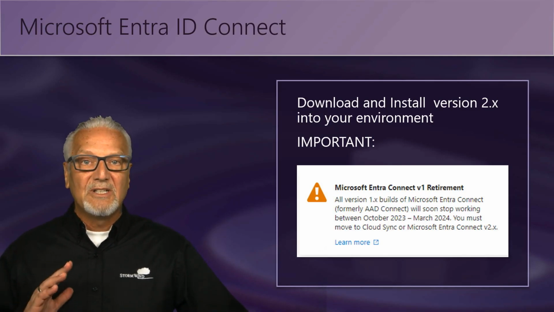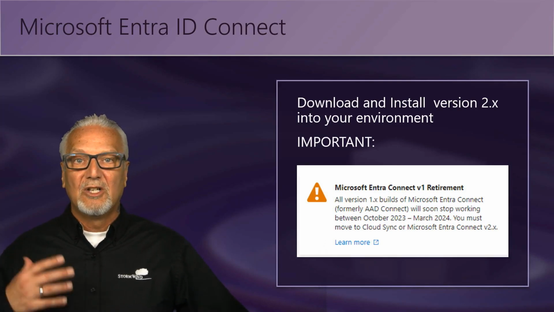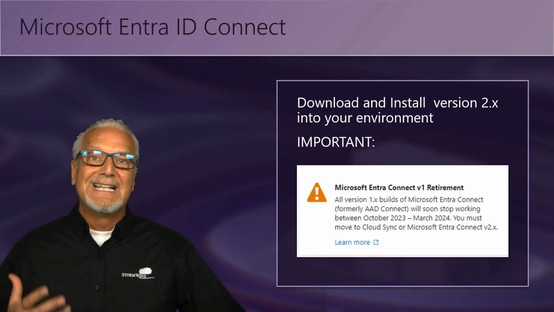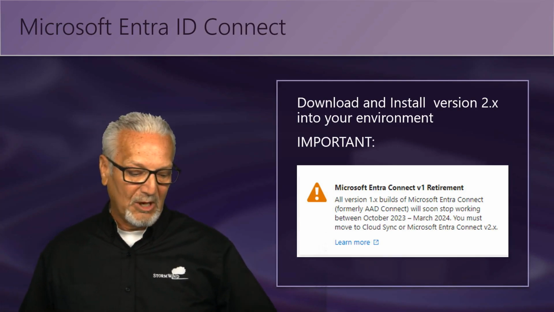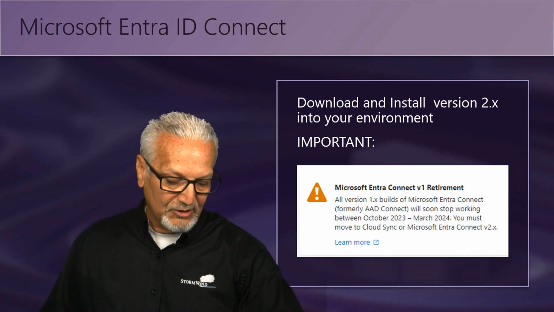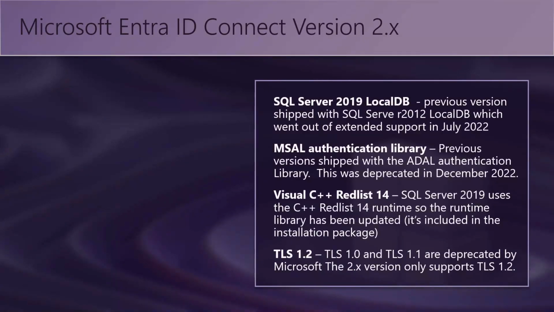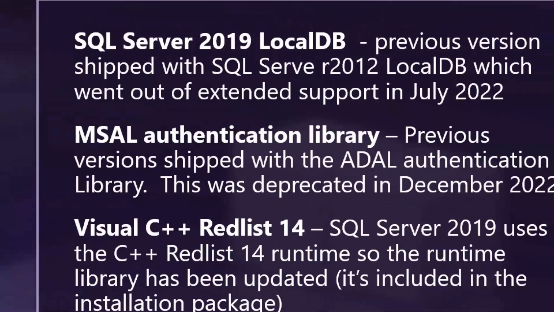So whenever you're implementing this from the get-go, you want to go to Microsoft's Download Center and download the latest version of the product, and that should ensure that you have at least version 2.something.